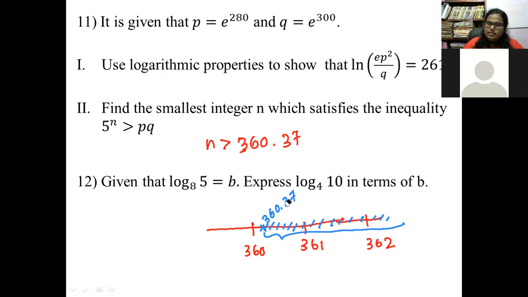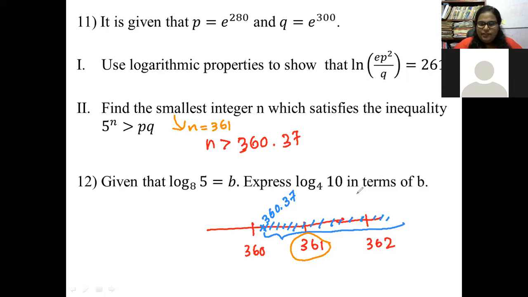It is asking for the smallest integer for n. So it should be 361 here, right? So this is the smallest positive value that can be taken for n. N should be 361.